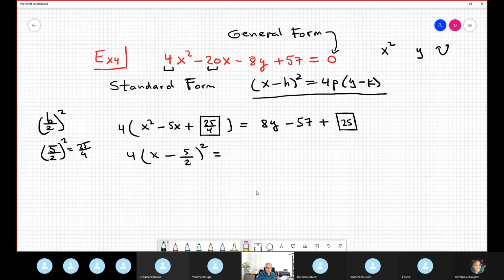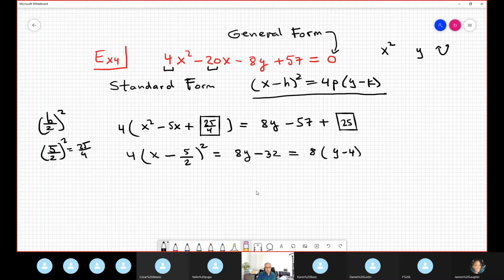Okay, and the right hand side, well, we have 8y. We combine like terms here, it is negative 32. And now compute the greatest common factor here, which gets 8. So it is 8 times y minus 4, right?